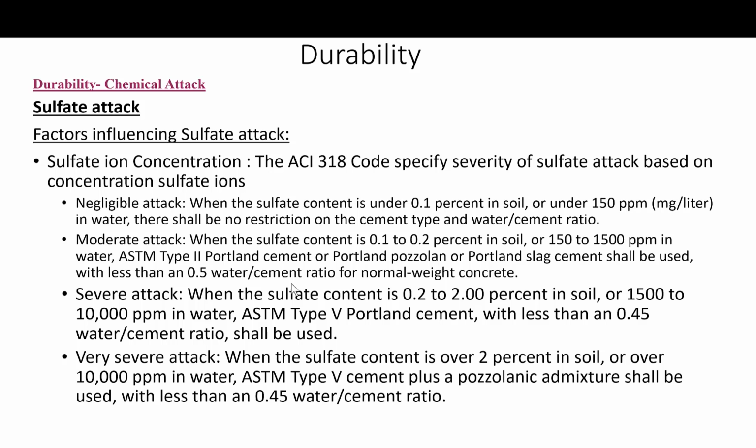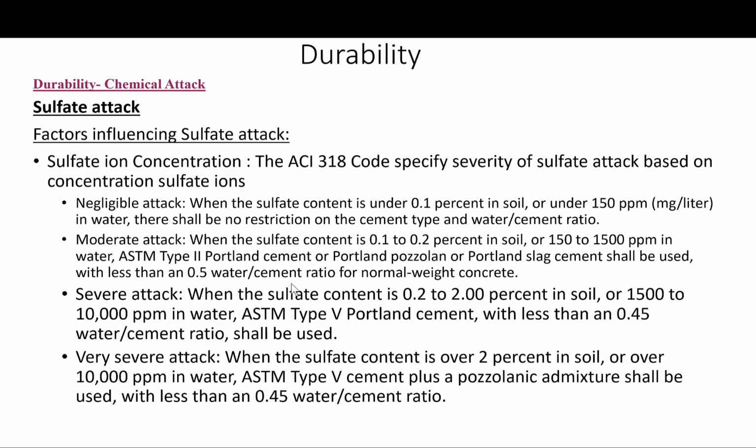The third classification is the severe attack, when the sulfate content is between 0.2 to 2% in soil, or 1500 to 10,000 parts per million in water. Then ASTM Type 5 Portland cement with less than 0.45 water cement ratio shall be used. Okay, we have the last classification, which is the very severe attack, when the sulfate content is over 2% in soil or over 10,000 parts per million in water.